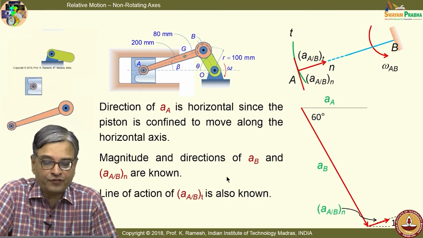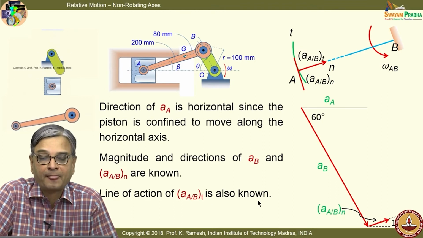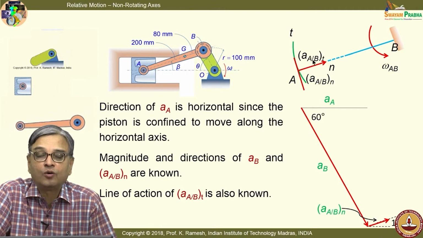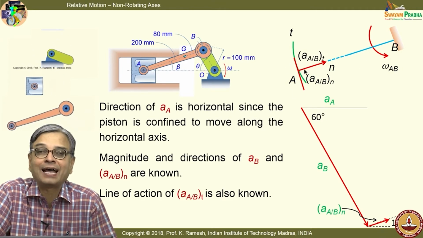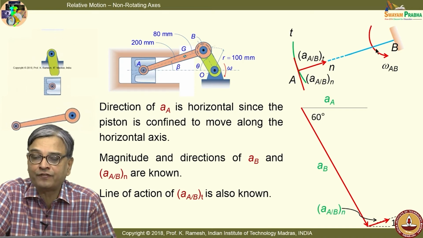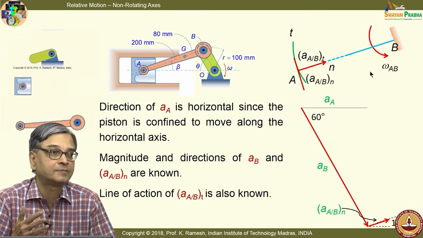Line of action of the tangential acceleration is known. As of now, I have no knowledge what is the sign of acceleration. I have determined the sign of angular velocity from the physics of the problem. Knowing angular velocity does not tell you anything about the direction of acceleration.